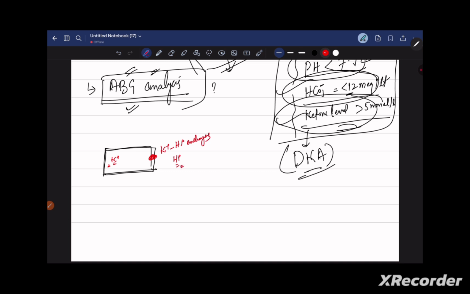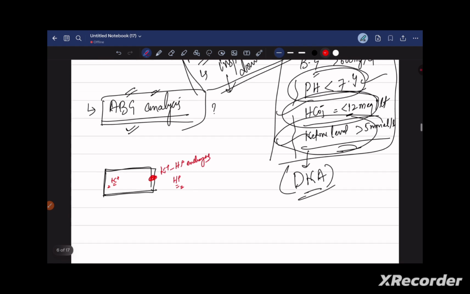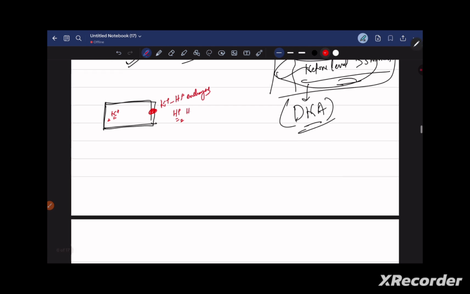But whenever there is acidosis, as I already explained, there is metabolic acidosis, with increased concentration of hydrogen ions. So what will happen?